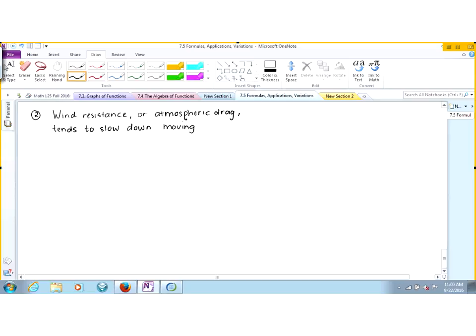Moving objects, so anything, right? If you have a plane, this is like against the wind. Even if you have a car and you drive it fast, or even not fast, you have wind resistance.